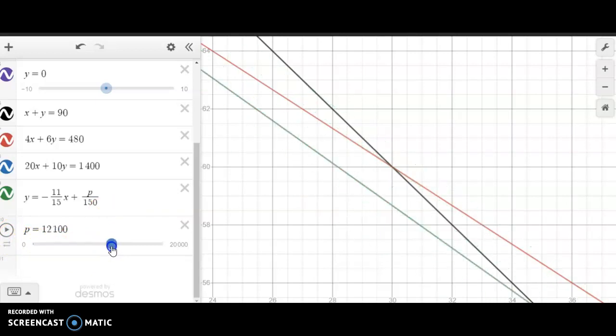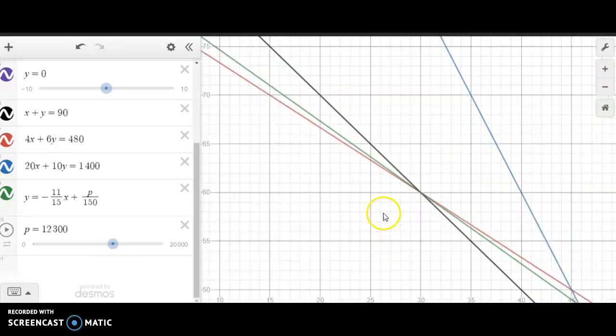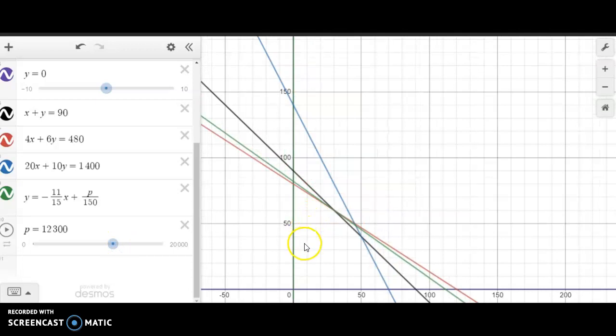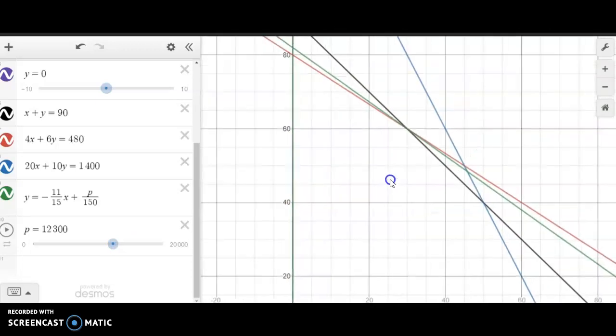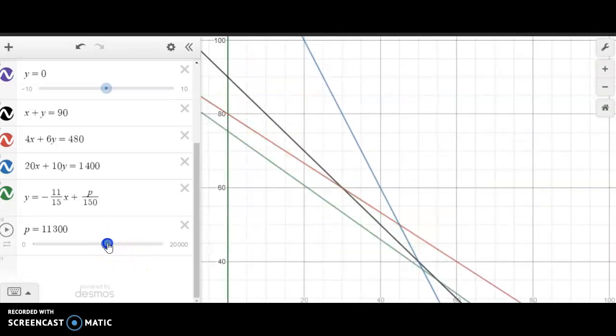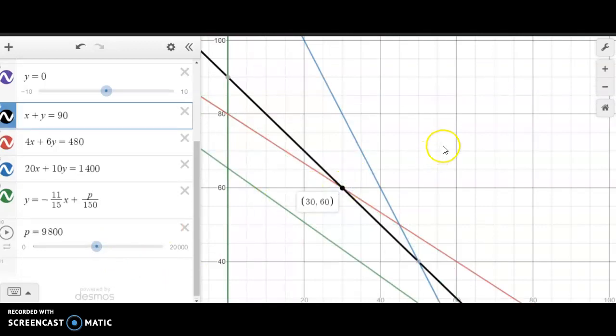Right there, that's one of the nodes of the feasible region. So I can tell now that that intersection is going to be where my profits are maximized, which is when I have 30 acres of millet and 60 acres of alfalfa.